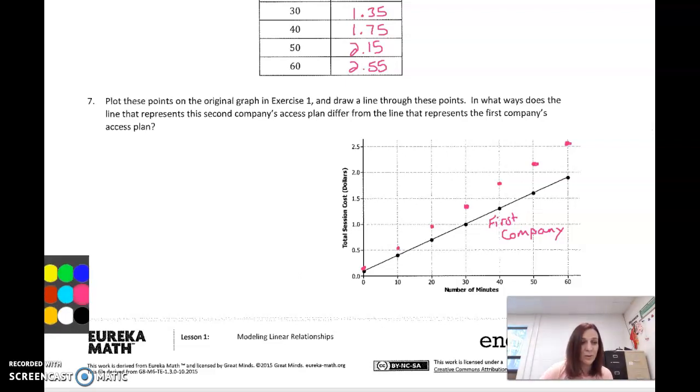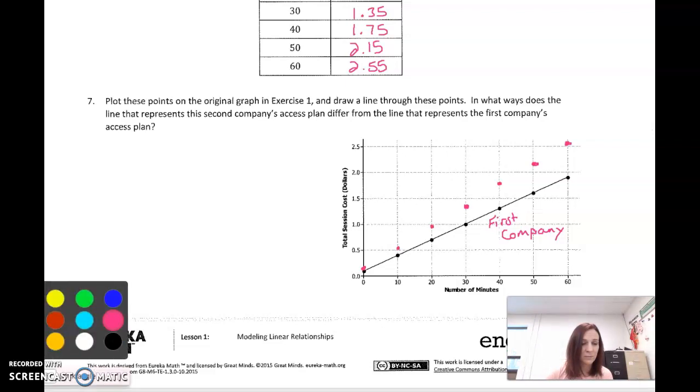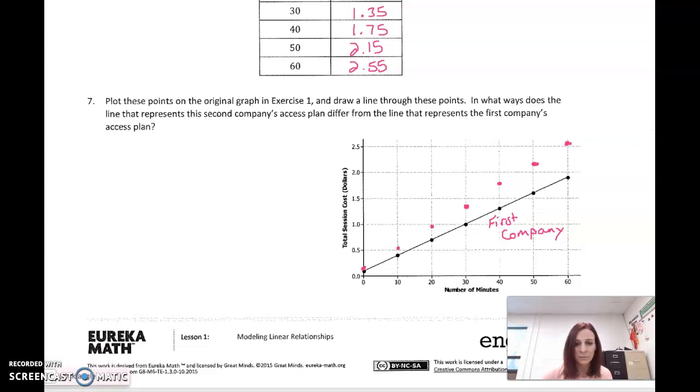So we're going to draw a line through it. And notice I'm not including the negatives on this because the negatives don't make sense. It doesn't make sense to have a negative number of minutes or a negative cost, okay? Let me put second company here too. Let me try to spell it right, though.